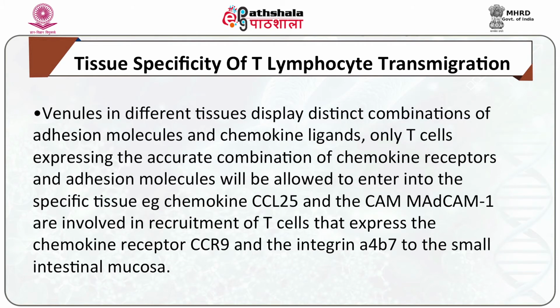Since venules in different tissues display distinct combinations of adhesion molecules and chemokine ligands, only T cells expressing the accurate combination of the chemokine receptors and adhesion molecules will be allowed to enter into the specific tissue.